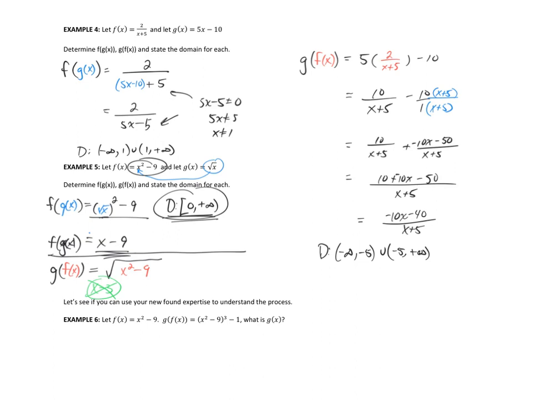So this is as much as this is going to simplify, but our domain issue becomes a little bit of a thing, because we have to think about what values of x would make x squared minus 9 negative. So probably the easiest way to think about this is imagine x squared minus 9, which is a quadratic, so it's going to have a parabola as a graph. And I think everybody would recognize the intercepts are going to be at 3 and negative 3.